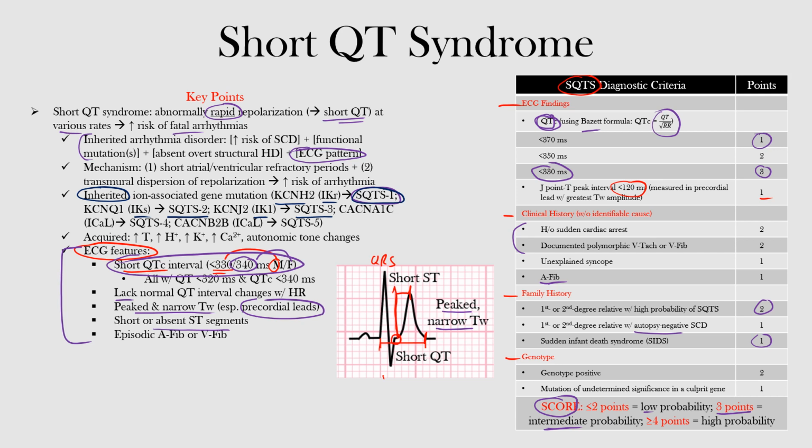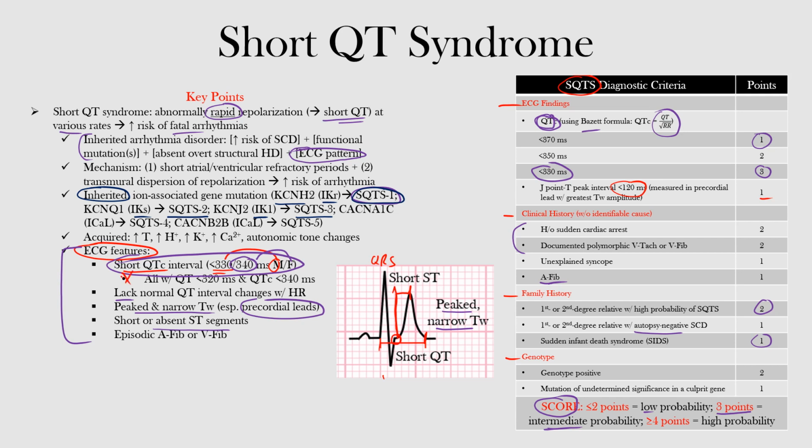And with the EKG features, okay, we mentioned the short QTC interval, less than 330 milliseconds in males and less than 340 milliseconds in females was that characteristic and pretty much the hallmark of the syndrome, okay? And then remember, all cases so far have had a QT interval less than 320 milliseconds and a QTC interval less than 340 milliseconds.